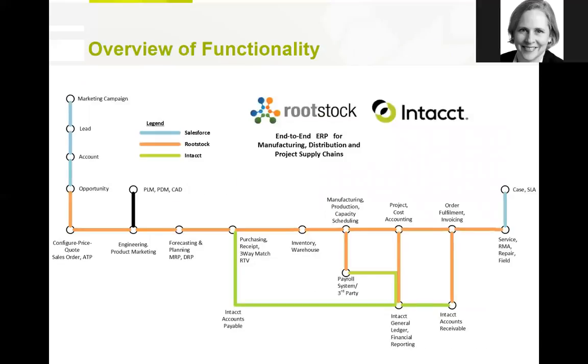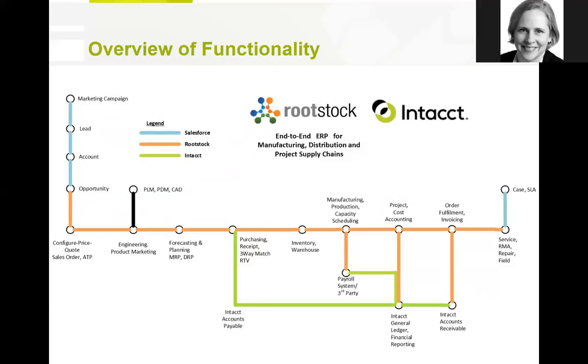So to give you a little bit more of an overview between the functionality for Rootstock and for Intacct, we've got a subway map here, and I think it's a great way of illustrating what kind of functionality and where it sits. Depending on the resolution of your screen, we've got three colors actually.